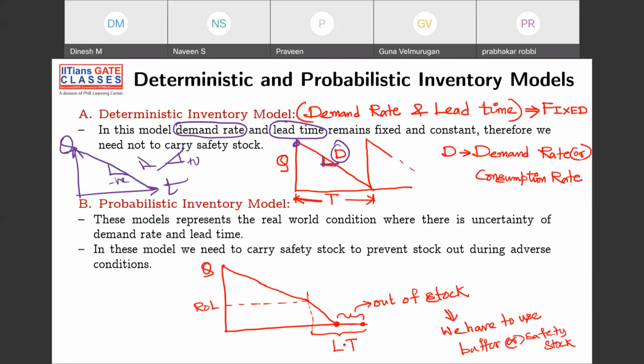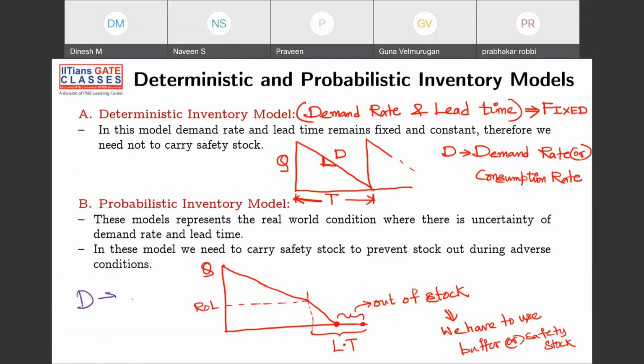The rate at which we are consuming, q by t, is the demand rate or consumption rate. D is given as the consumption rate, the rate at which demand is coming to your shop. Okay, so that is a slope.